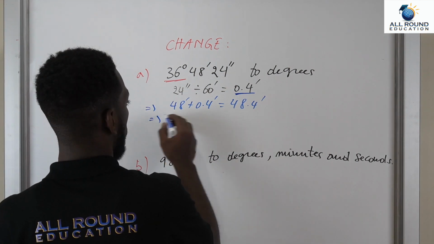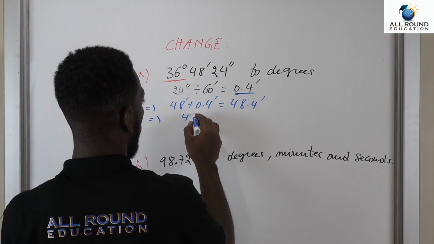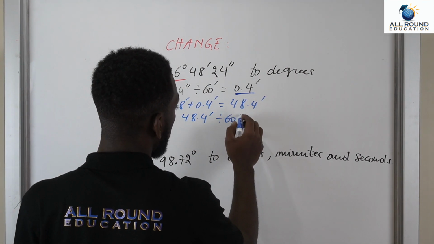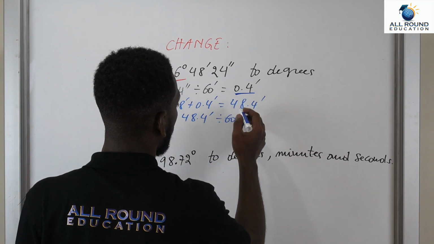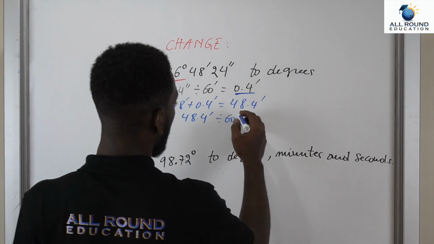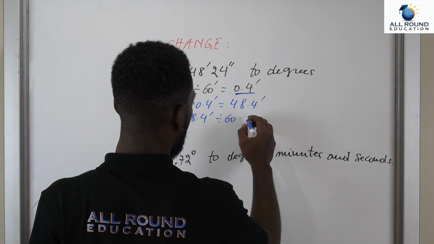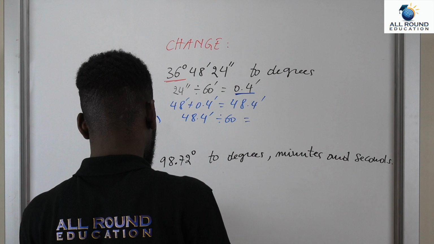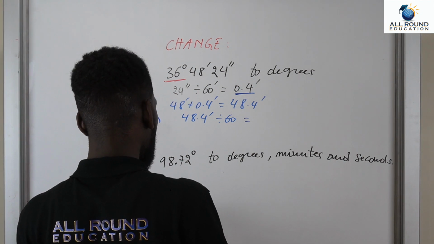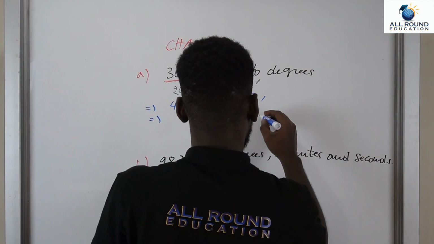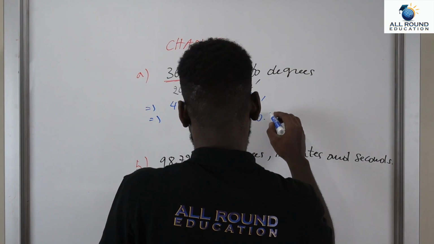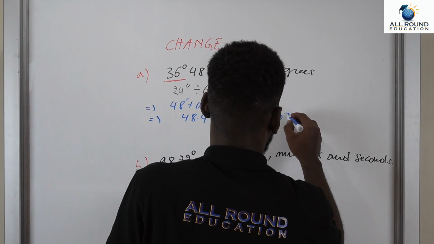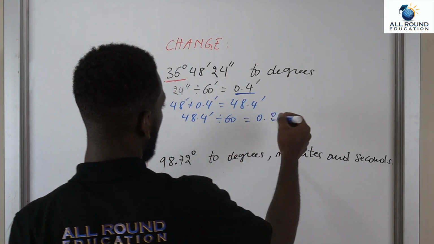Now we can convert this into degrees. We divide again by 60 to get degrees. I need a calculator. So 48.4 divided by 60 gives 0.807, which is our degrees.